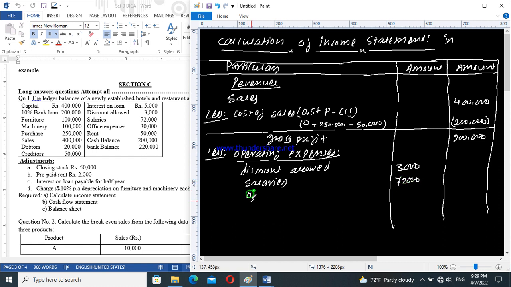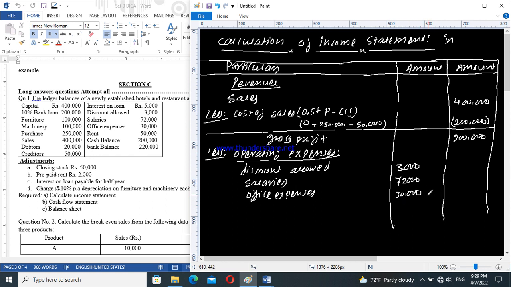Office expenses 30,000. Okay, that's all. This is the operating expenses.